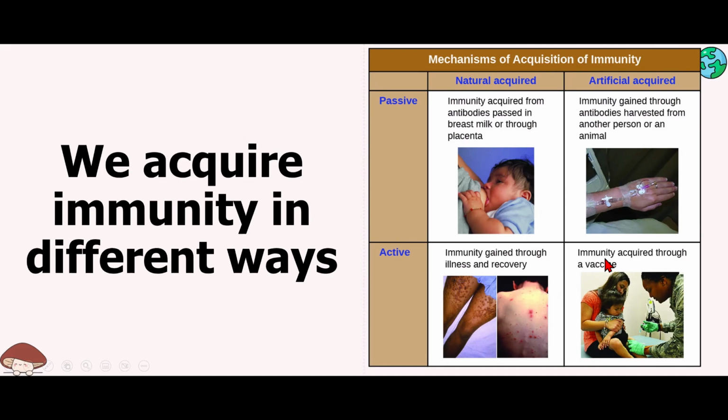So when we vaccinate a person, we are artificially introducing their body to the pathogen, and typically we give them a weakened version or even just a part of the pathogen. So instead of the entire virus, just a piece of the virus. And then their immune system recognizes it as foreign and starts to produce antibodies against it. So it is still active because you are making your own antibodies, but it is artificial because you've been exposed artificially. And so those are the different ways that we can acquire immunity.